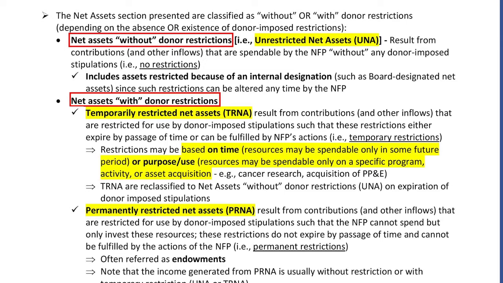Such restrictions do not expire by passage of time and cannot be fulfilled by the actions of the not-for-profit. Basically, they are permanent. They're often referred to as endowments. So I want you to put a bracket from temporarily restricted net assets to permanently restricted net assets. And right there, donor imposed restriction.